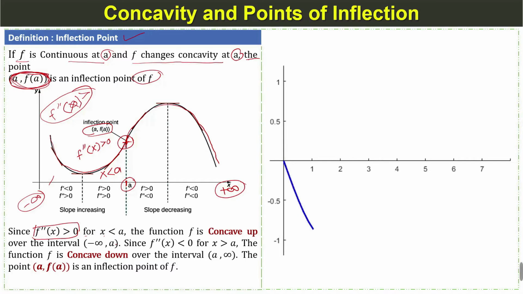So the function f is concave up over the interval minus infinity to a.